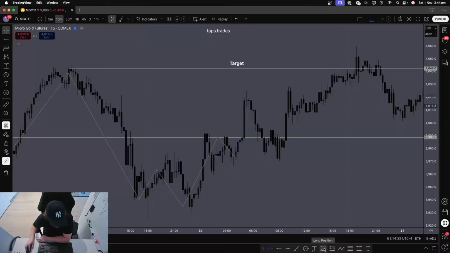Ideally, you want a 2-to-1 or a 3-to-1 or more. Ideally, the sweet spot is a 3-to-1. I think a 2-to-1's fine sometimes, but try to really aim for 3-to-1s. Those are the sweet spots, because essentially if you have say 2 losses in a row and then you win your next trade, you still make profit.